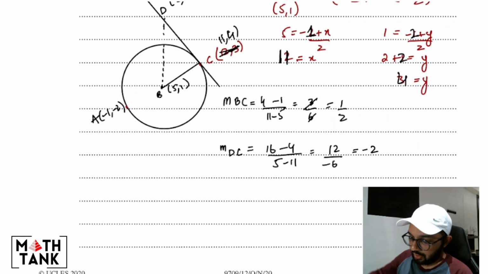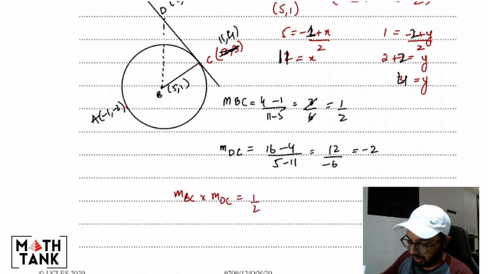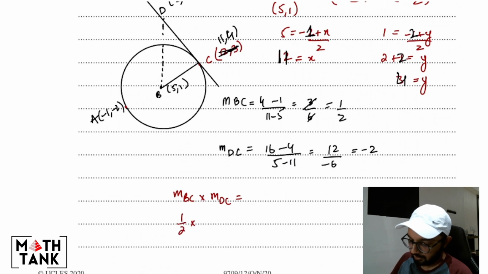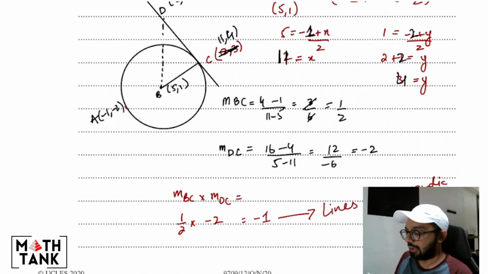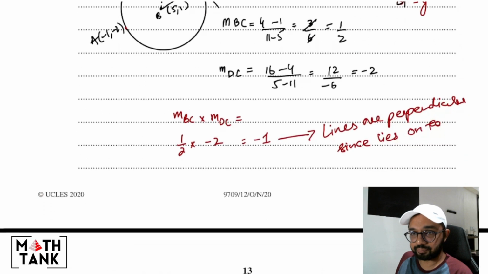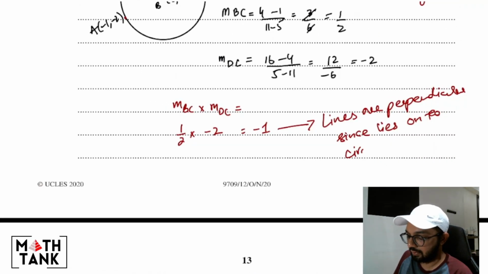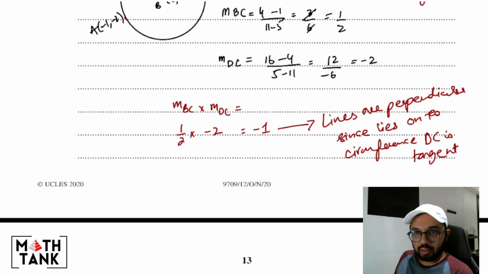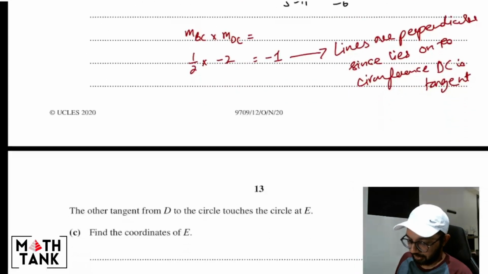So if the product of the gradients, half times minus 2, is minus 1, that proves that the lines are perpendicular. And you can write that since C lies on the circumference, DC is tangent. Okay, it took me slightly longer because I made a mistake.